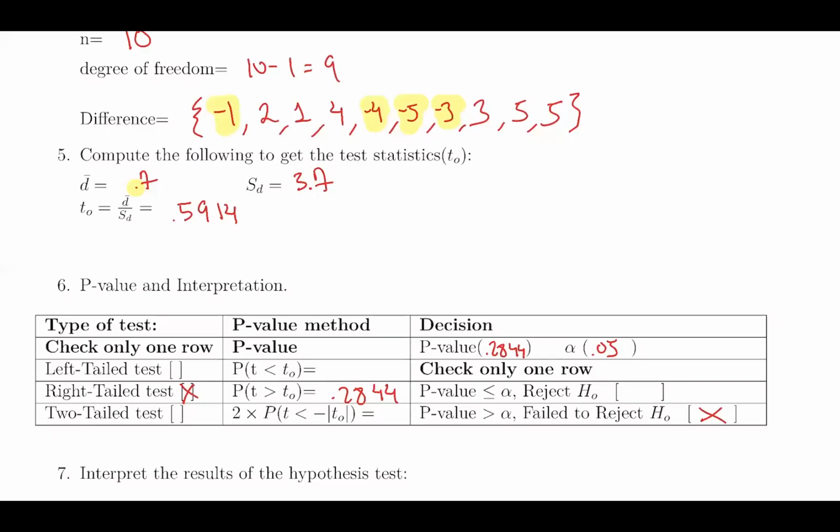Oh, nice. So there go our p-value, and there go our decision. Since p-value is bigger than alpha, if you look right next to it, it says fail to reject H0. So you fail to reject H0.